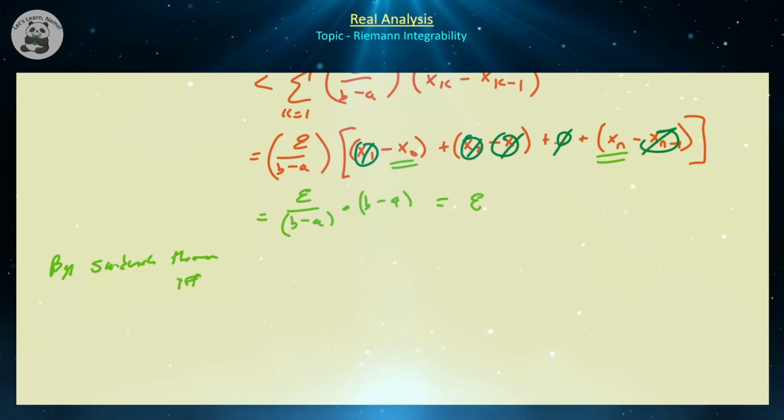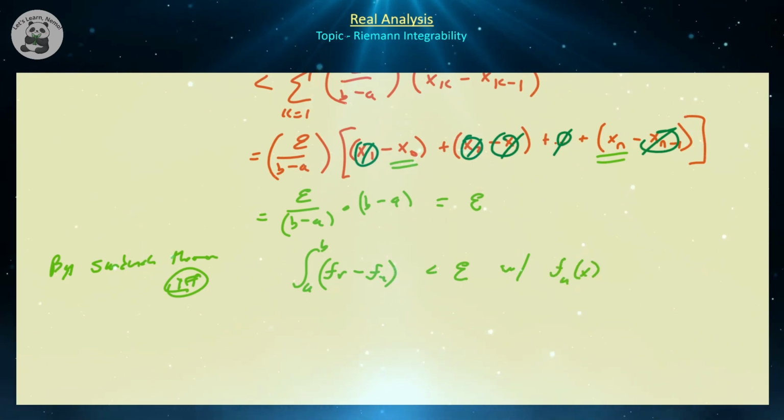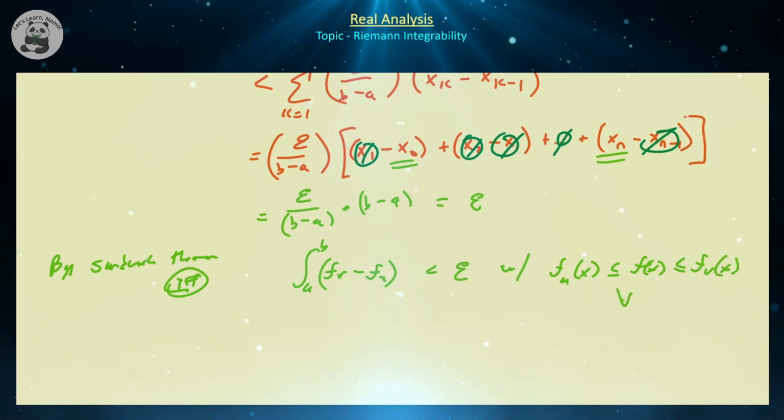By the sandwich theorem, keep in mind it was an if and only if. If we can make the distance between these functions, f_v and f_u, arbitrarily small, and we have the property that f_u(x) is less than or equal to f(x), which is less than or equal to f_v(x) for all x in [a, b], then the function is Riemann integrable, as long as both of these conditions are met, which we proved.